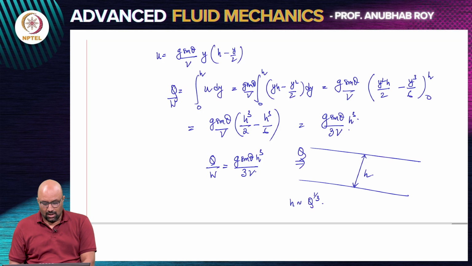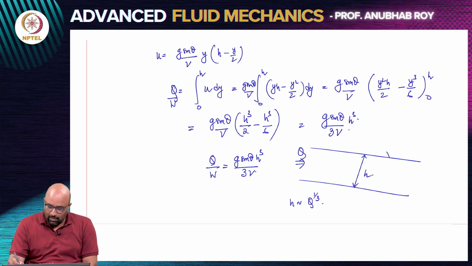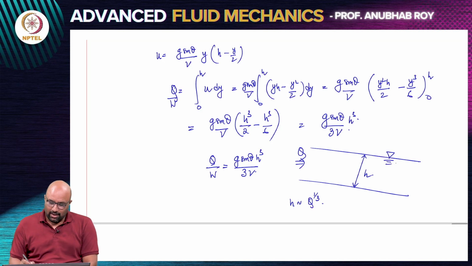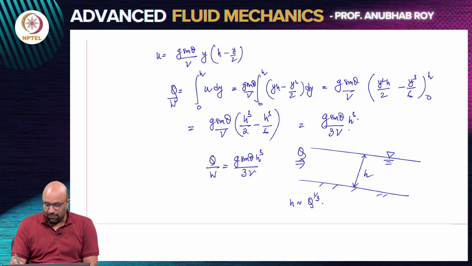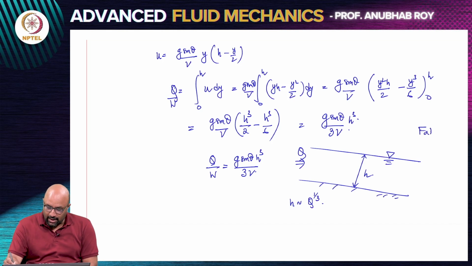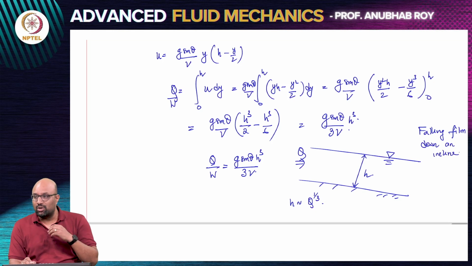So, this is a problem which is extensively studied, which is a falling film down an incline. It's of interest in engineering problems when you are trying to coat surfaces.